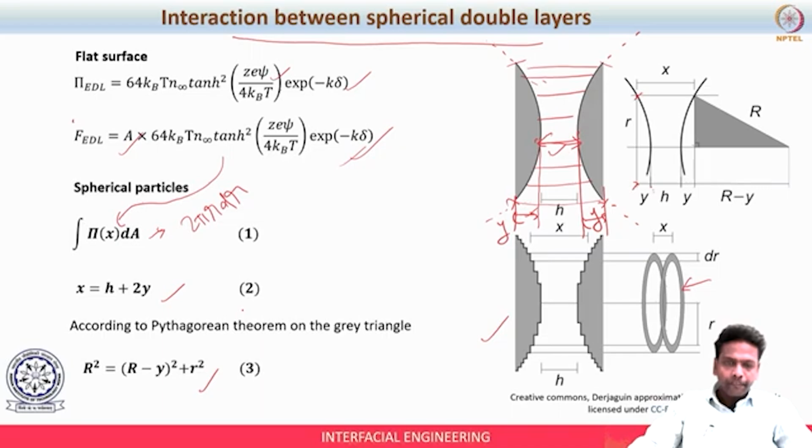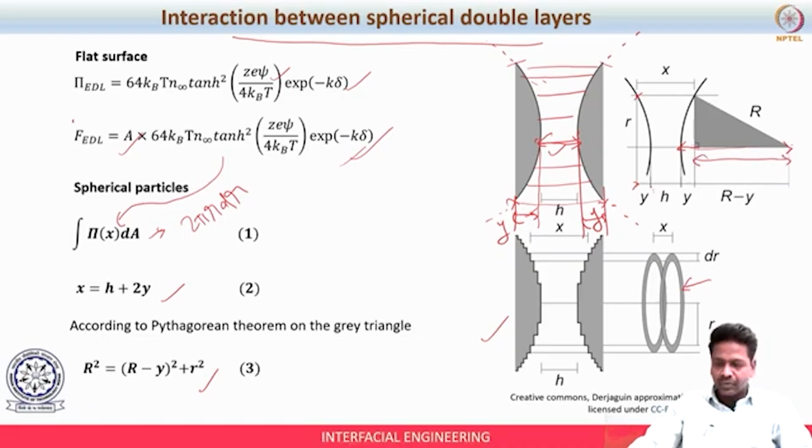Then look at this gray triangle. This is a perfect right triangle. You can use the triangular property that AC square equals AB square plus BC square, a relation we already know. If you use this relation, you can easily calculate R square. This entire thing is R, the radius, but this part is R minus y.